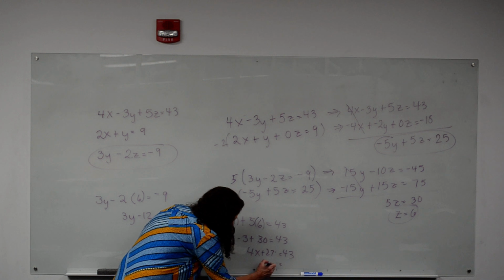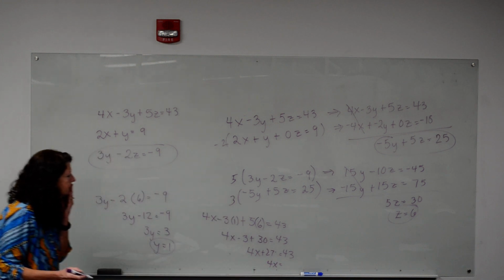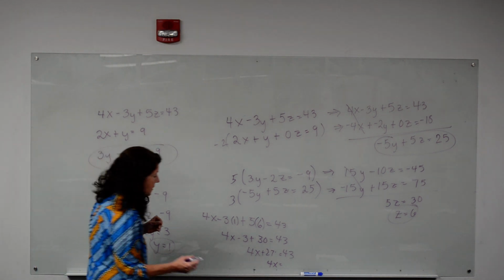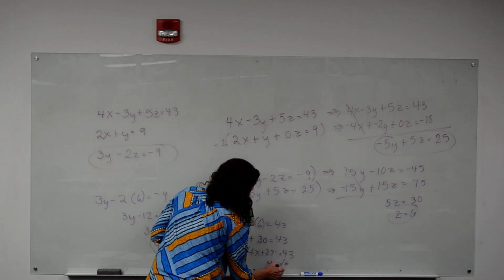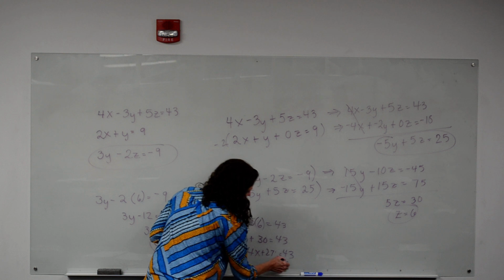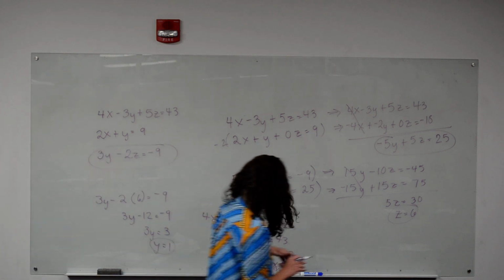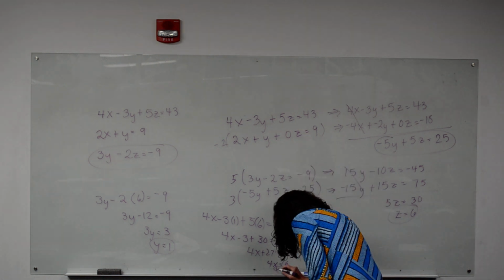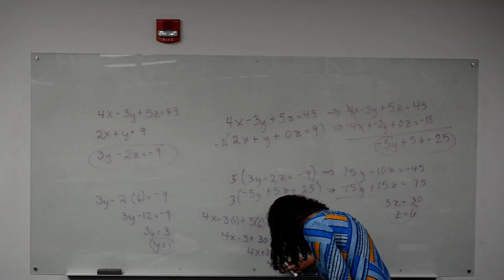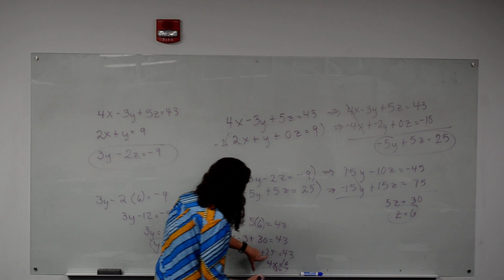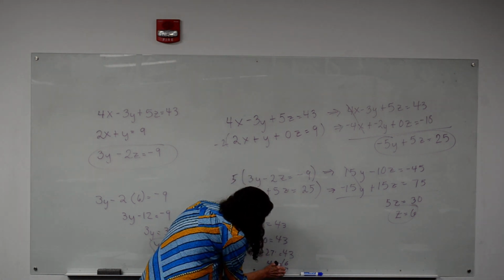Somebody subtract 27 from 43. 16. So 4x equals 16, and x equals 4. Wait, did you say 27 subtracted from 47? It's 43. 43 minus 27 is 16.